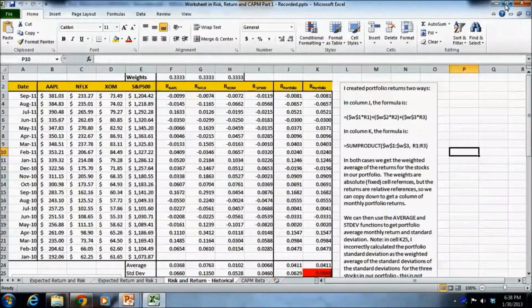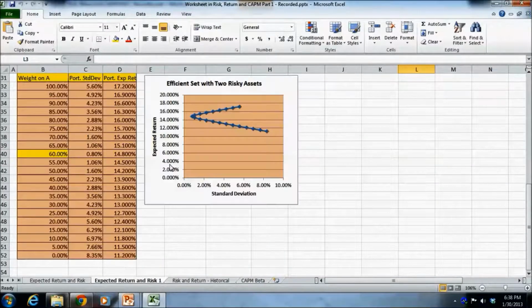And before going to this historical, let me just briefly show you your expected return.